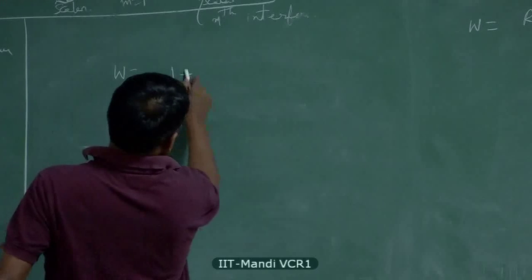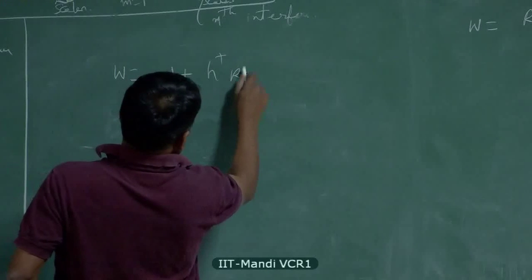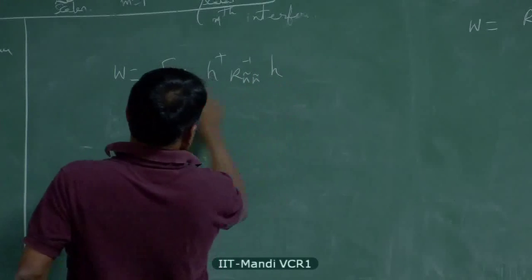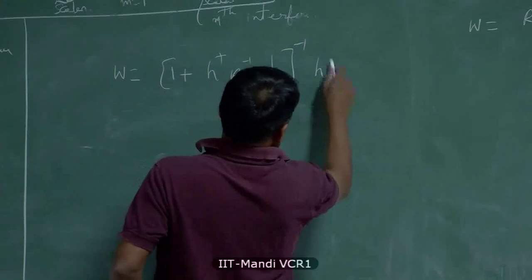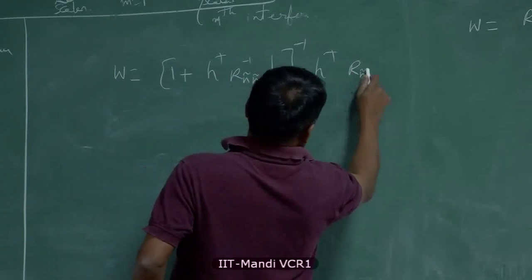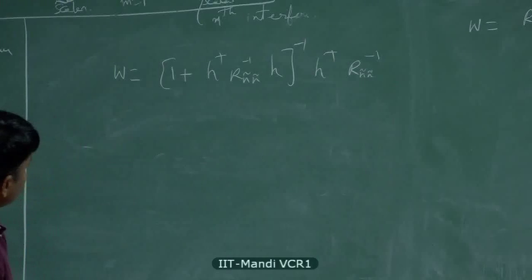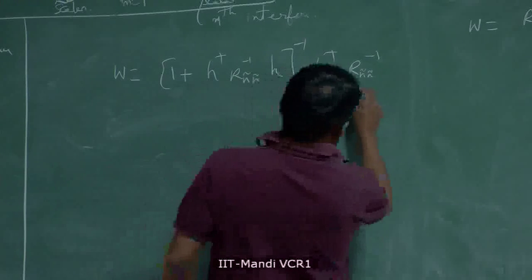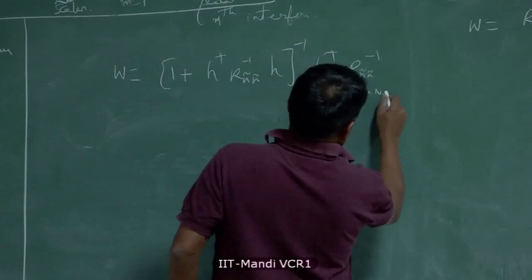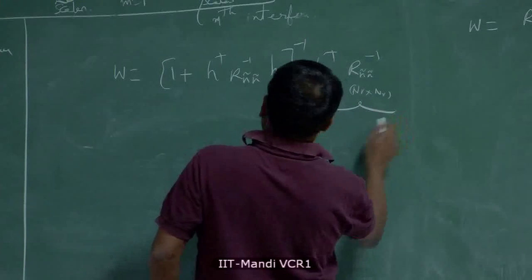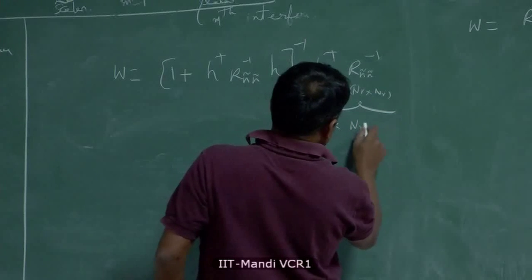Okay. W is equal to 1 plus this is a matrix, this is a vector, and the whole filter is 1 by NR.